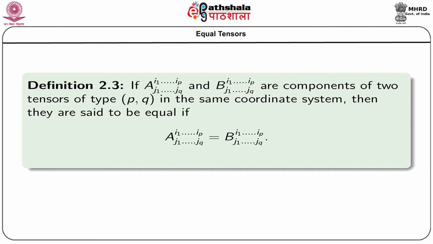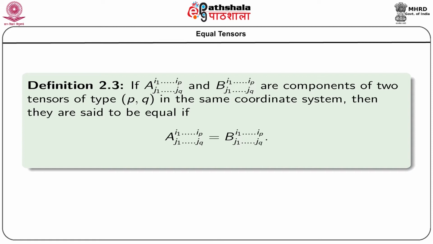Now, equal tensors. If A i1, i2, ip, j1, j2, jq and B i1, i2, ip, j1, j2, jq are components of two tensors of type (p,q) in the same coordinate system, then they are said to be equal if they are component wise equal.